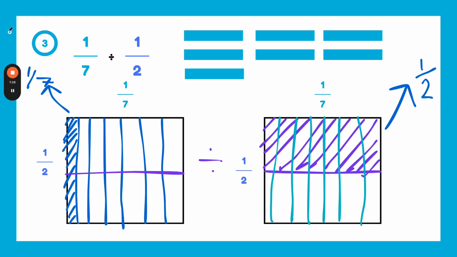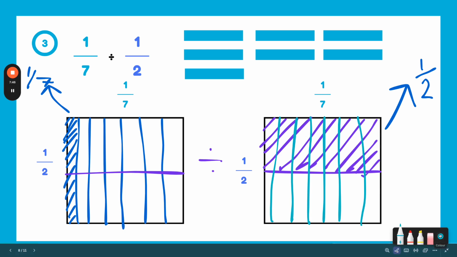Now, if we want to find how many halves are in a seventh, so how many groups of a half can we derive from 1 over 7, we look to our second square.